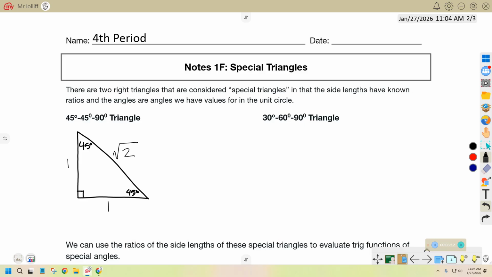Good. Okay, the other triangle is a 30, 60, 90. That is a horrible drawing, Mr. J. Try again. That's better.